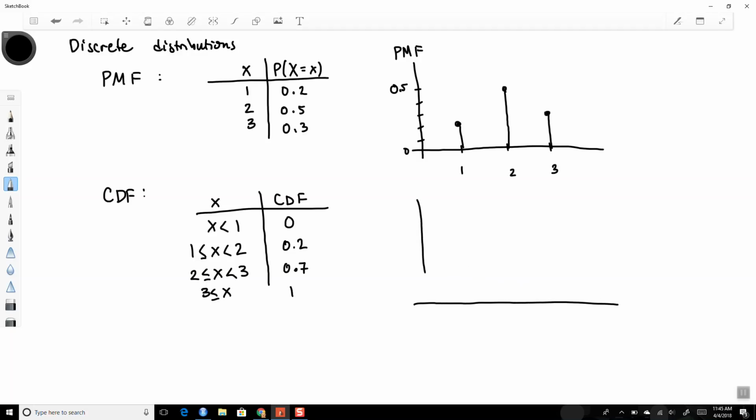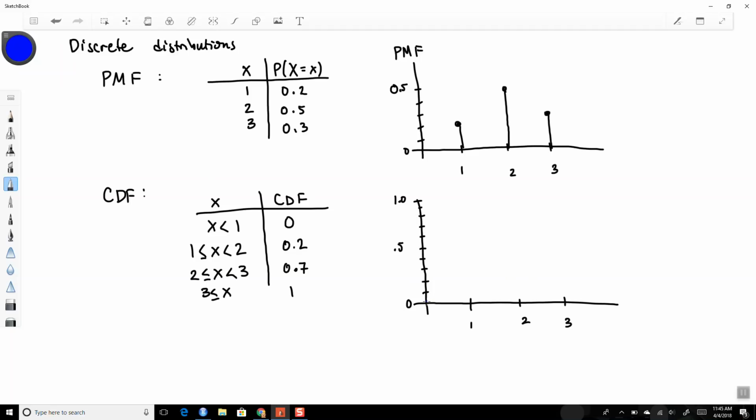Our CDF will look like this, and I'll do this in blue.